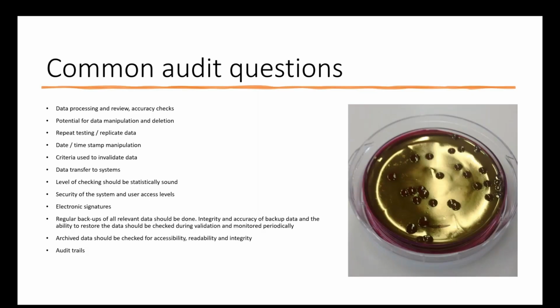There are also things that arise from laboratory audits and inspections and questions of supervision, clustered around the way that data is processed and reviewed: what controls there are around the potential for data manipulation and deletion, the criteria that could be used to invalidate data, and how data is transferred onto systems, whether it's written down and then typed into a computer, or recorded onto a report form or through some other means, and how that data is checked and verified and shown not to alter in its value or meaning. Also whether there is any degree of second checking, how results are reviewed, and whether that's statistically sound.